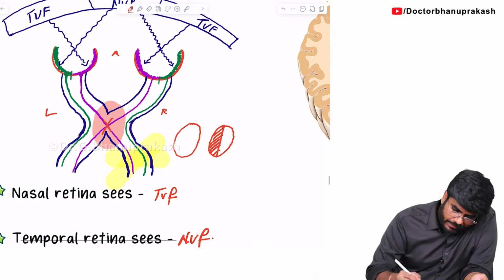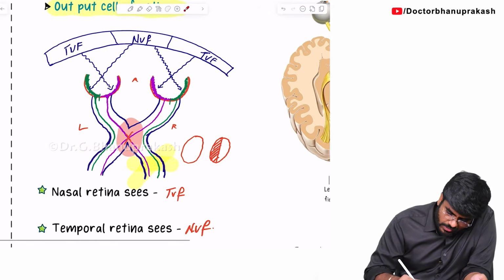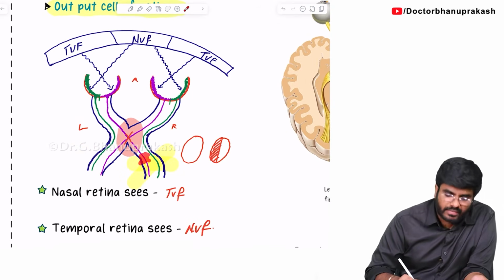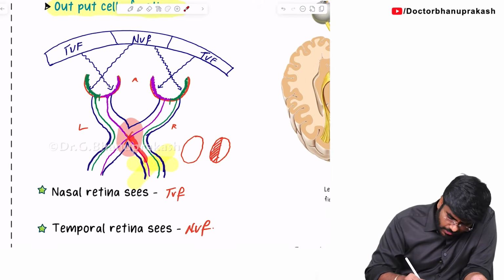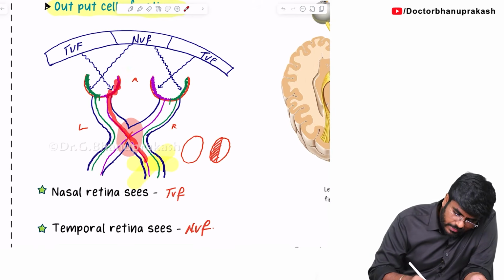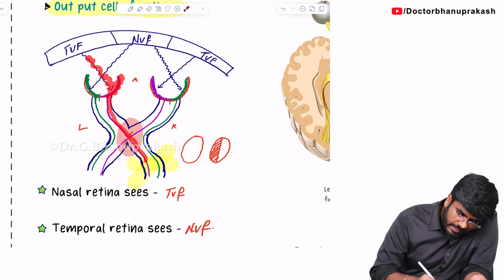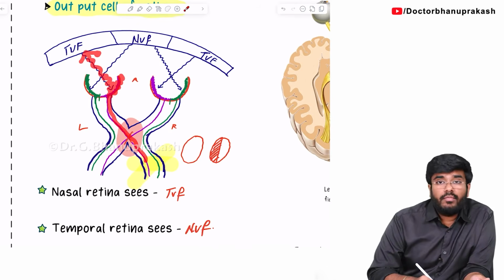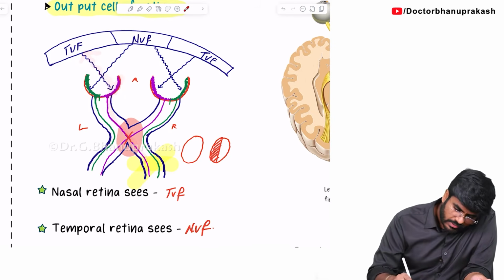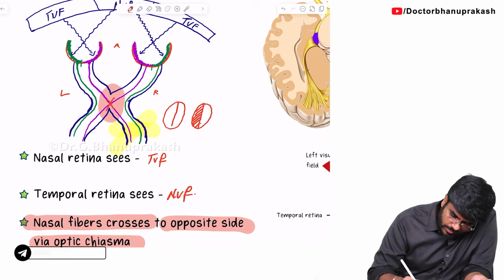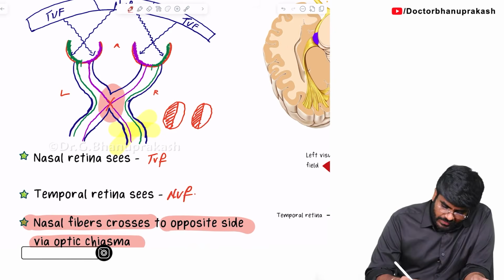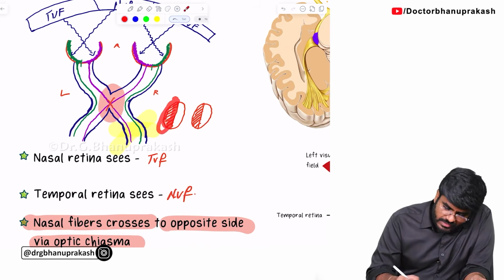But in the other eye, because of damage to the contralateral nasal fiber, the temporal visual field is lost. So in the opposite eye, it is the temporal visual field that is affected. In one eye it's the temporal visual field, and in the other eye it's the nasal visual field.